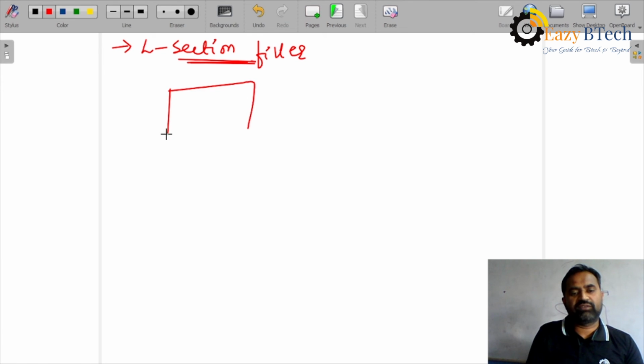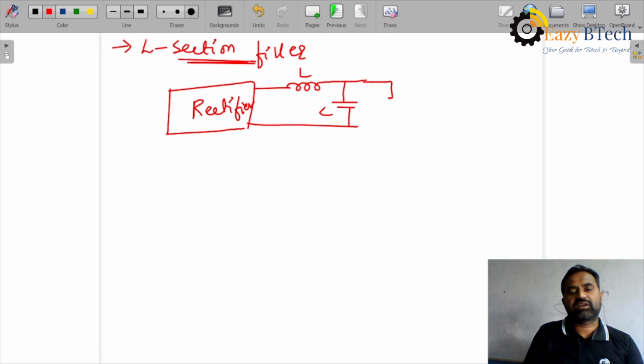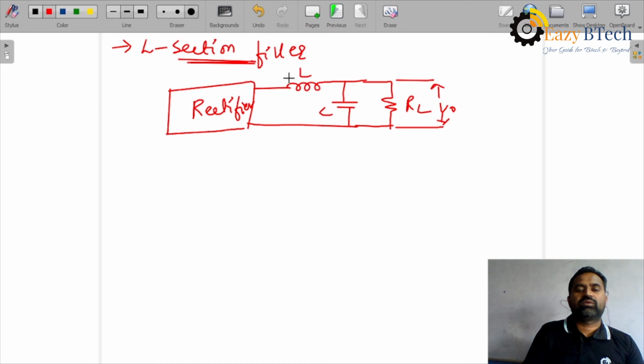See, it is a rectifier. We combine both series and shunt filter. We connect an inductor and a capacitor, LC. Here you are connecting a load, RL. Now you can say you are having AC plus DC.